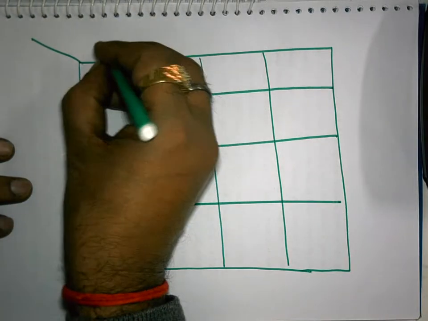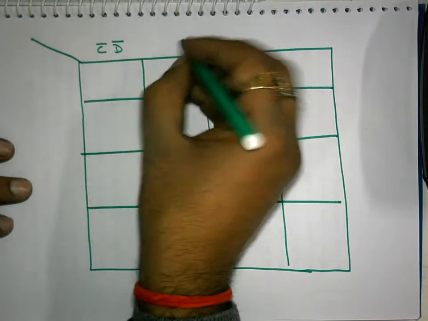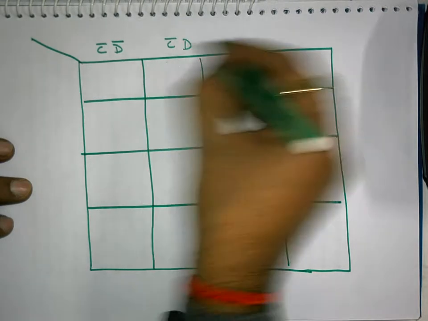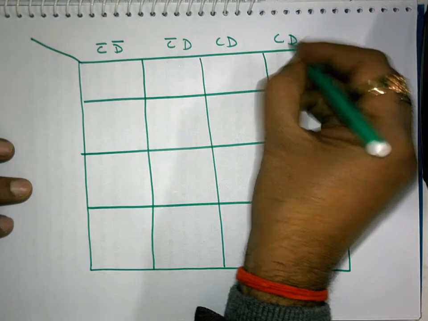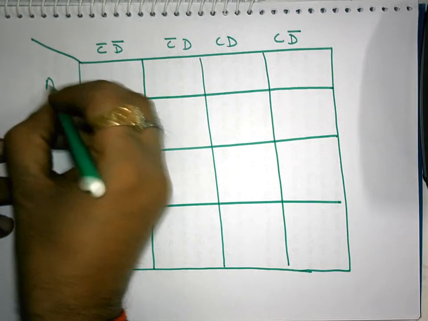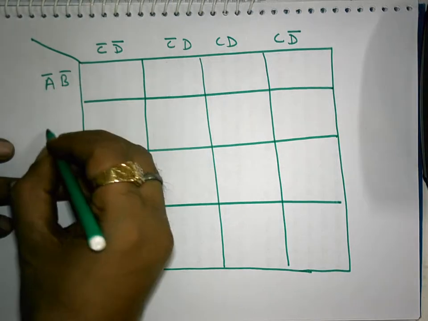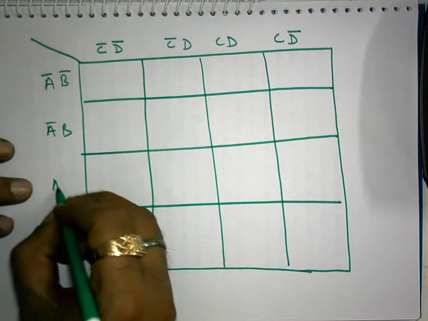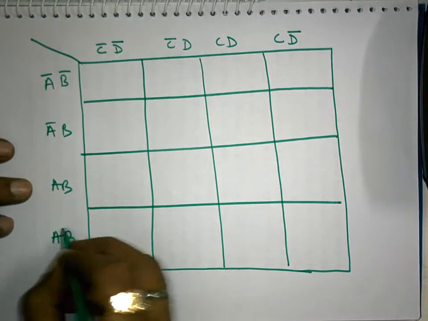Suppose I have a map like this: C bar D bar, C bar D, CD, and CD bar, and A bar B bar, A bar B, AB, and AB bar.